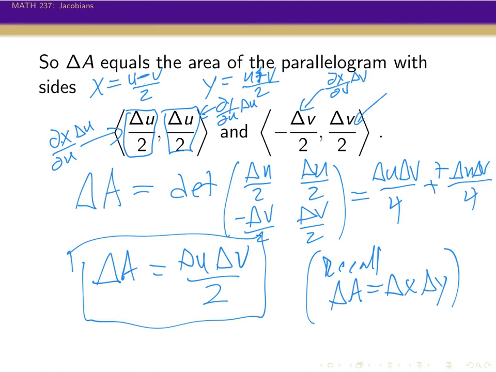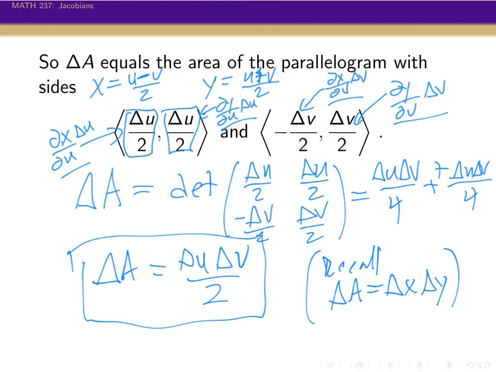And that delta v over 2 you can think of as being the partial of y in terms of v times delta v. And later on in the video, we'll talk more about this connection to these partial derivatives. But you can double check that those match up nicely.